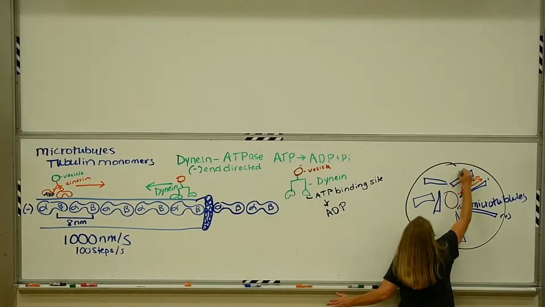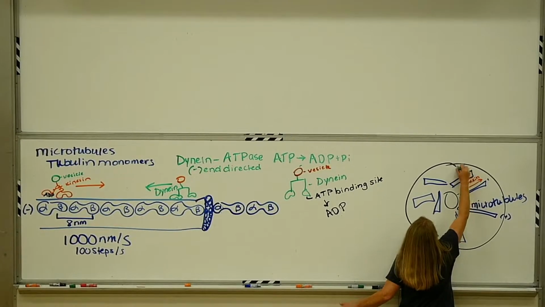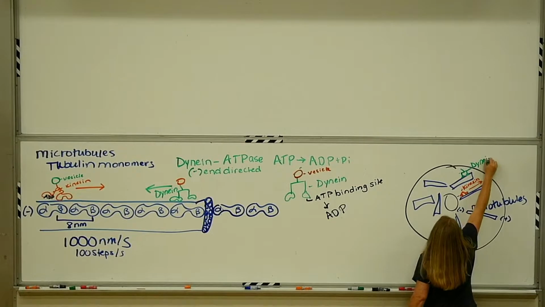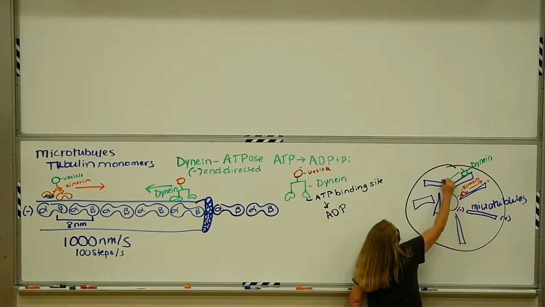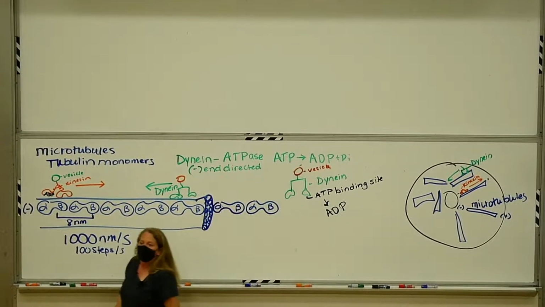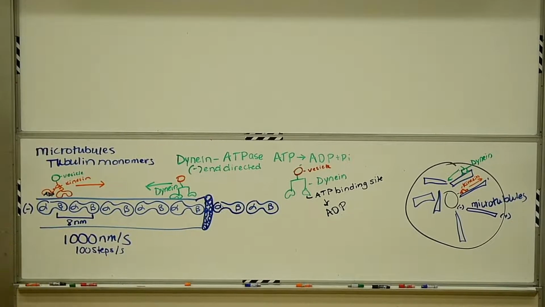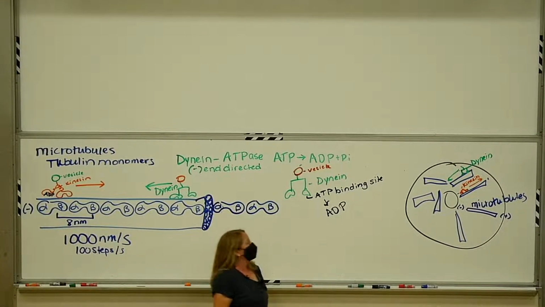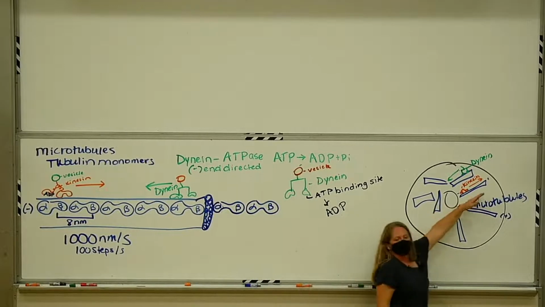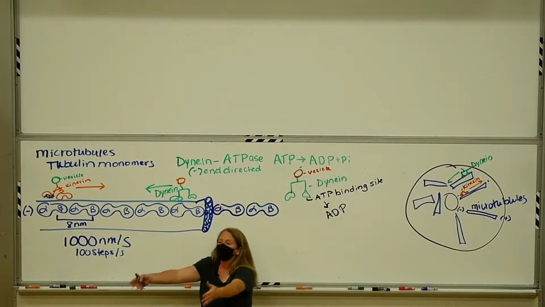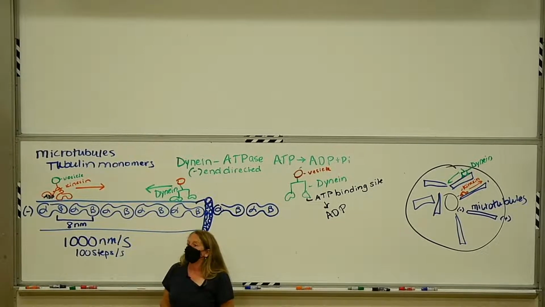Dynein, on the other hand, will be moving more towards the center of the cell. Okay. We can do local transport, and we do, but these are also really important in terms of the vesicle traffic that we talked about. So moving things out to be secreted, to be exocytosed, or moving things into the cell via endocytosis.